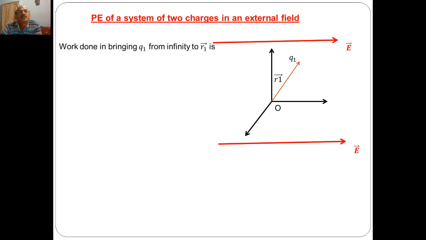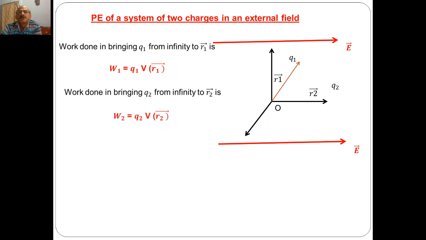Then work done in bringing q1 from infinity to r1 is q1 V at r1. Now another charge q2, which is also at infinity, is brought to a point whose position vector is r2. Then work done will be q2 V at r2.